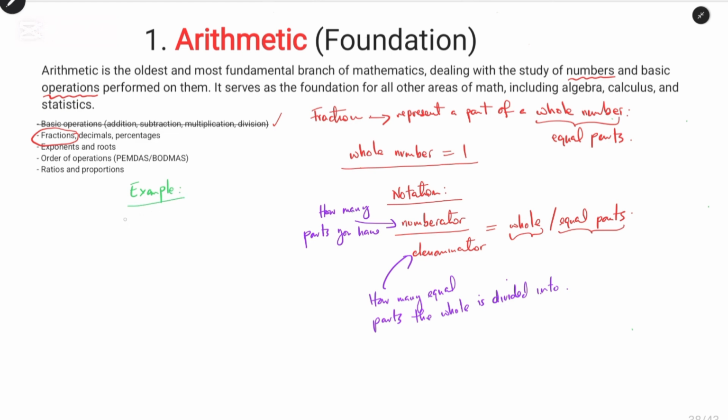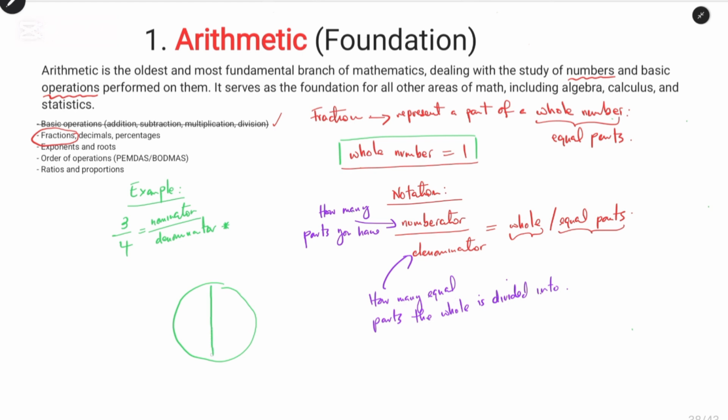We have 3 over 4. 3 is the numerator and 4 is the denominator. Imagine we have a whole number which is 1, which represents a circle. By looking at the denominator, it means how many equal parts the whole is divided into.